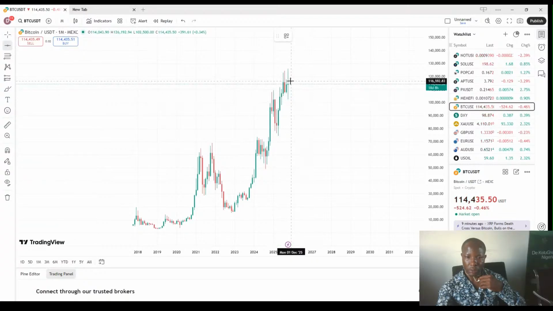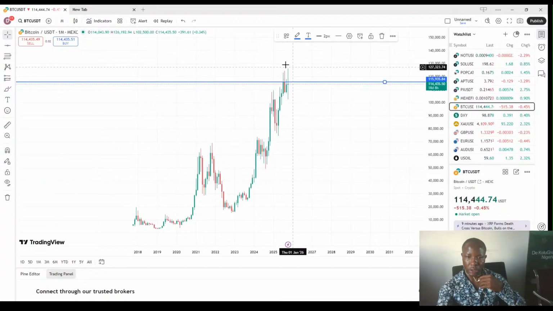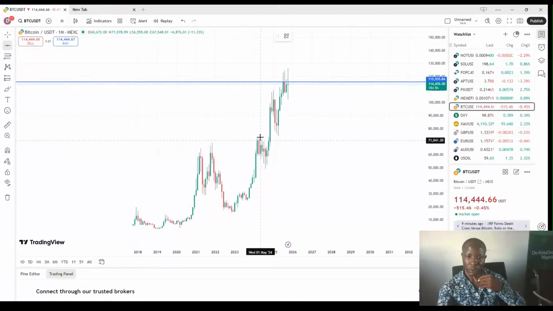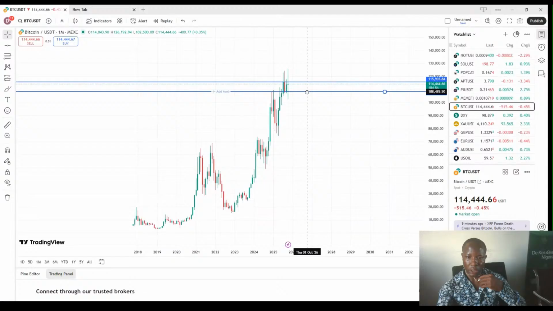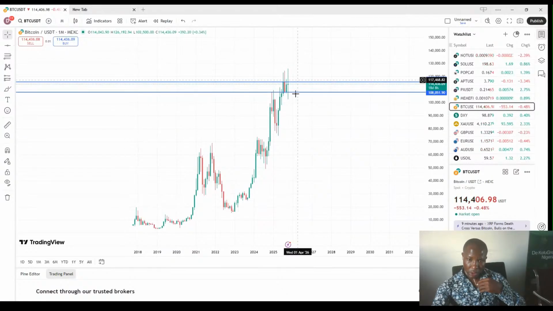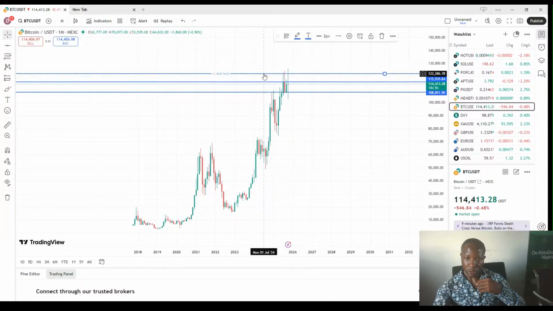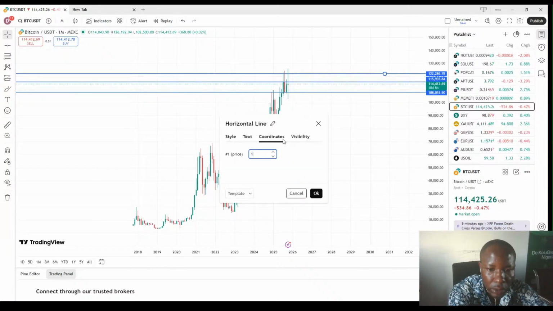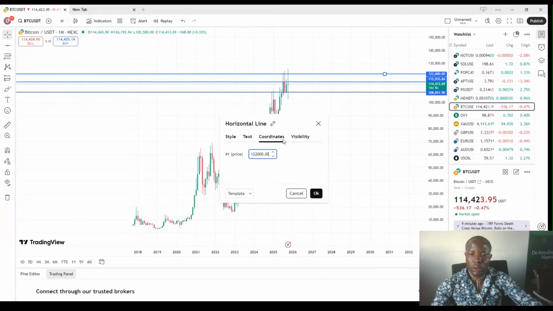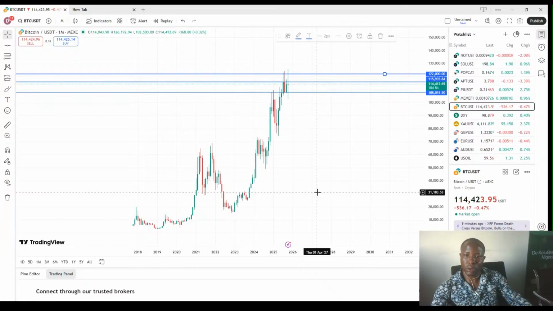So I will just have to mark out some areas. I call them major key levels, major targets. Then I can still mark out psychological numbers, like 122,000 here. So this is 122,000.